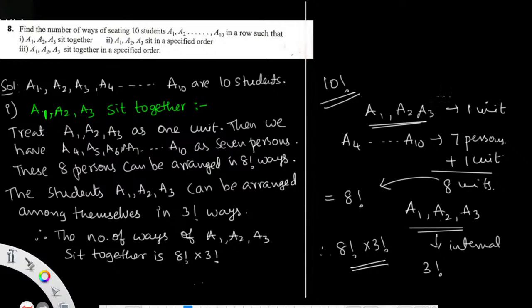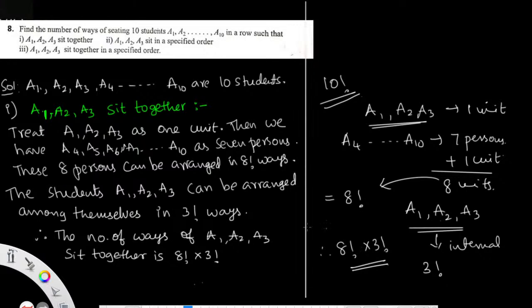Then the unit of A1, A2, A3 is always not in the same order. So they can interchange, which is the internal arrangement of these 3 persons. How many internal arrangements? There are 3 members, so you can arrange them in 3 factorial.